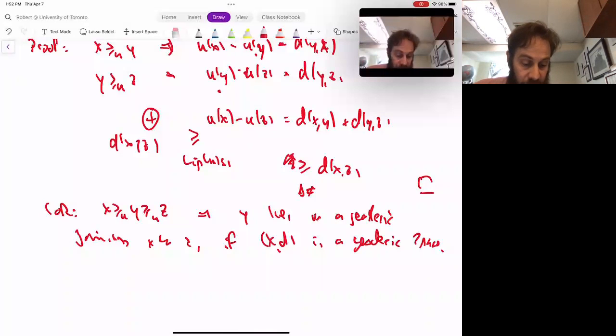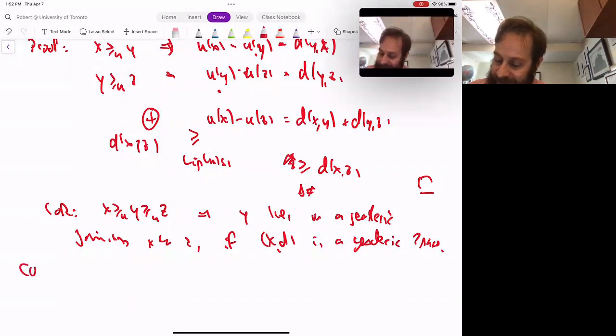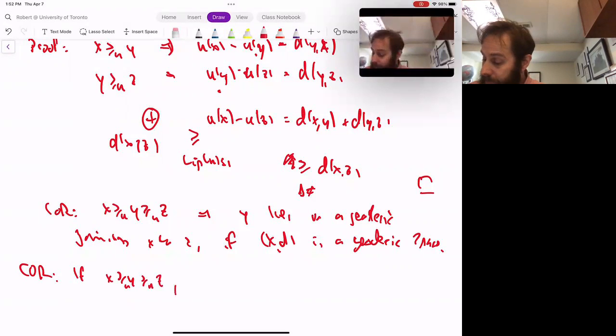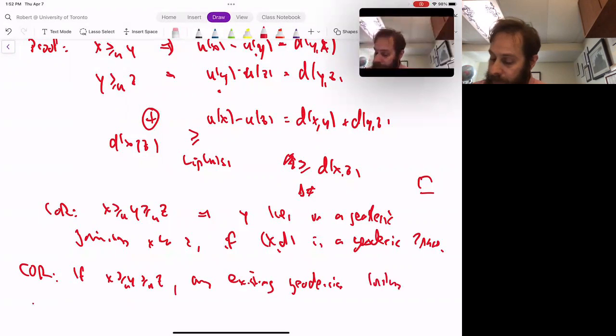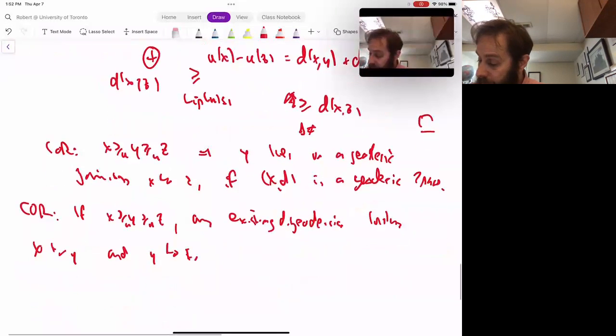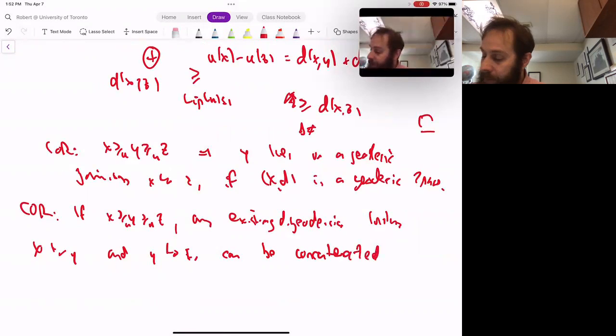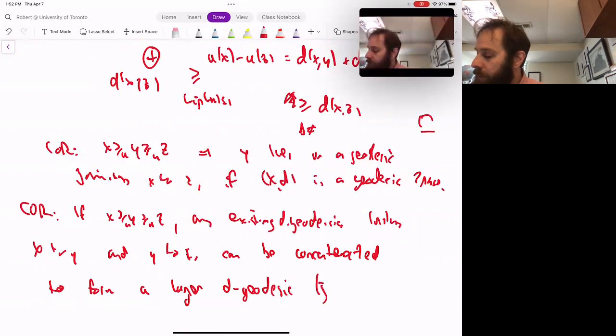But the more interesting corollary, the thing that I'm really interested in, that I stumbled on last class, is that if x dominates y dominates z, any existing d-geodesics linking x to y and y to z can be concatenated, and the resulting thing that you get from concatenating them is again a d-geodesic joining x to z.